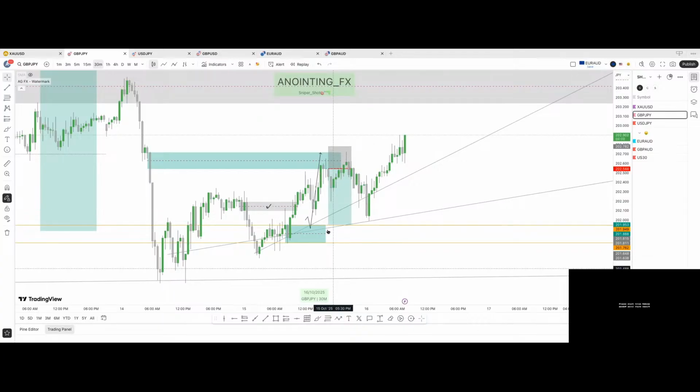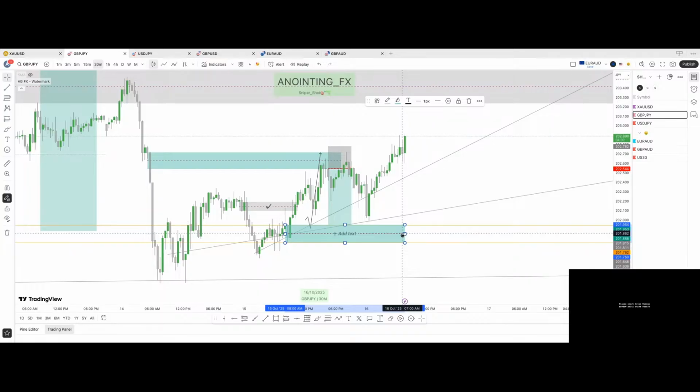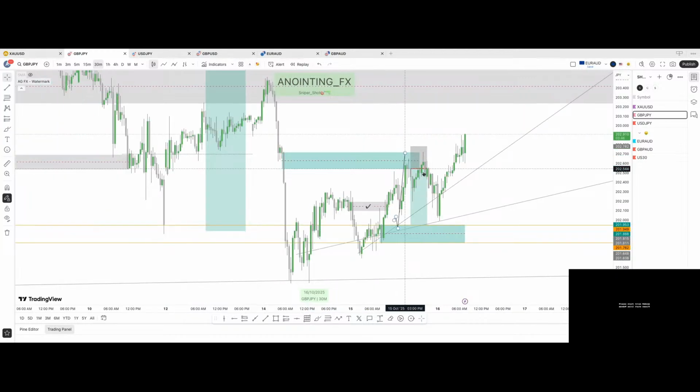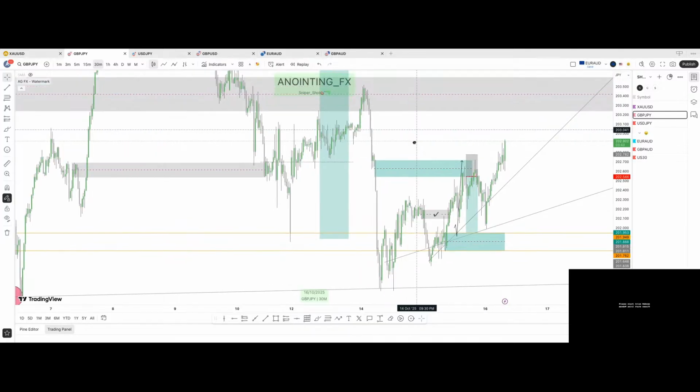Then price has come to tap on my trend line. I was actually waiting for this zone. It didn't tap inside, so my order hasn't been triggered, it has only mitigated the trend line. As it's going, I'm looking at selling from this particular level.